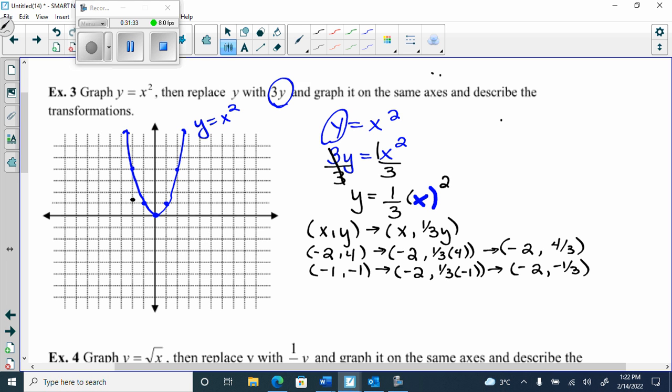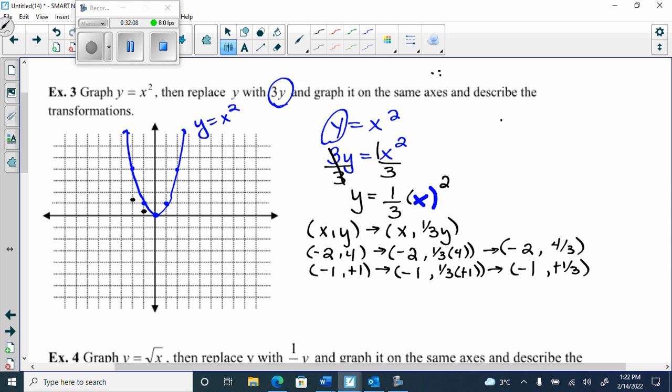Why did I put negative 2? In my head, this should be a negative 1. So it's negative 1 and positive 1/3. It's just above.